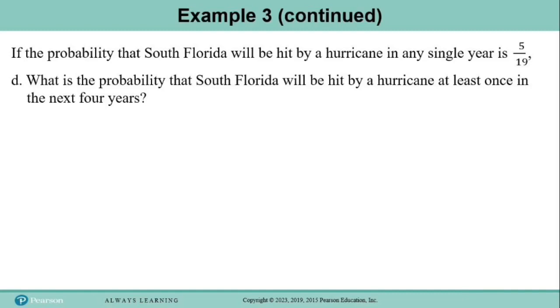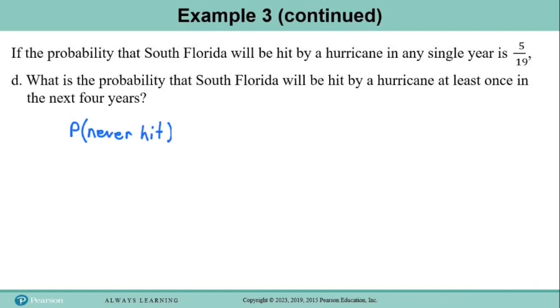So whenever you're asked to find a probability that involves at least once, we want to think of this as the complement of never. And this is surprising to a lot of students, but just think about it this way. They are either never hit in the next 4 years or they're hit one or more times in the next 4 years.